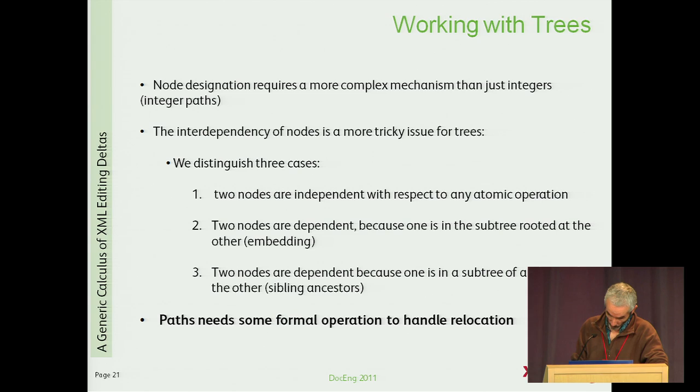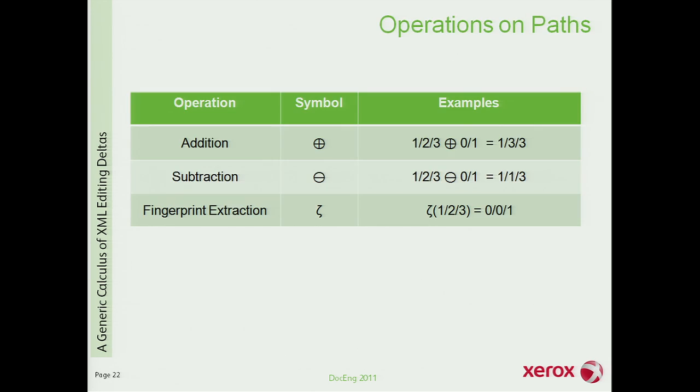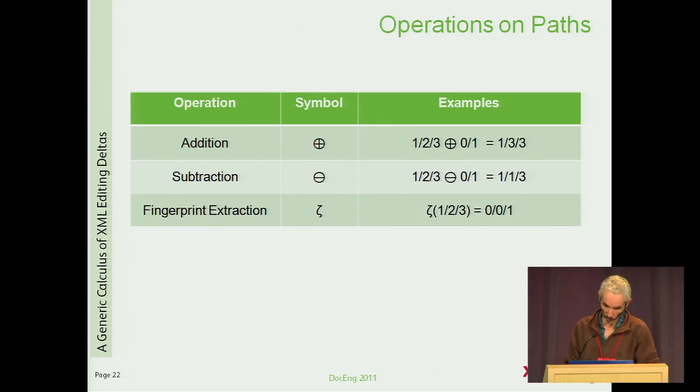Well, now we understand that with paths we will need some formal operations to handle relocation when you want to swap operations. So what we did is to define low-level algebraic operations on paths. And I give you an example on the right column of how it works. So you see here what we add with respect to the depth of the operand.